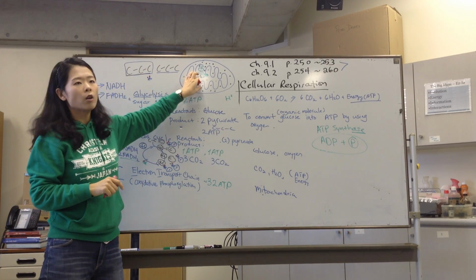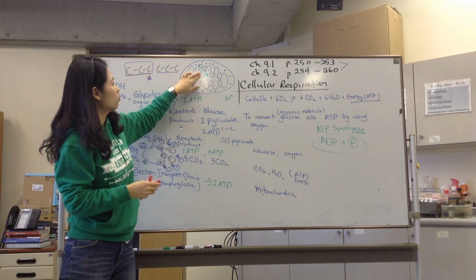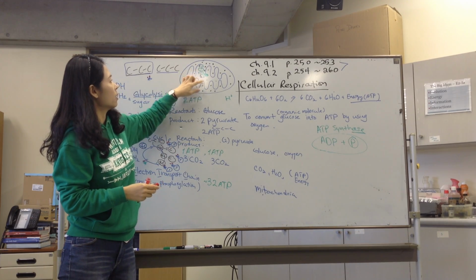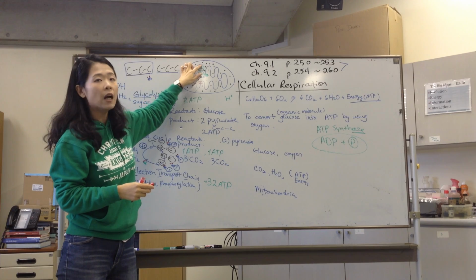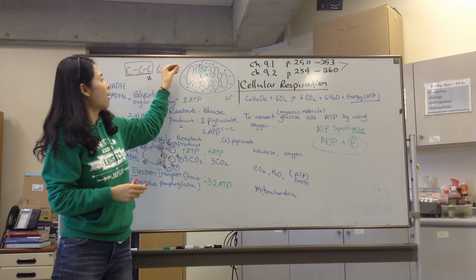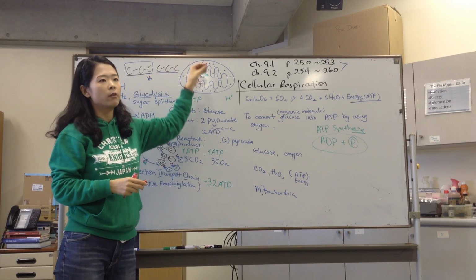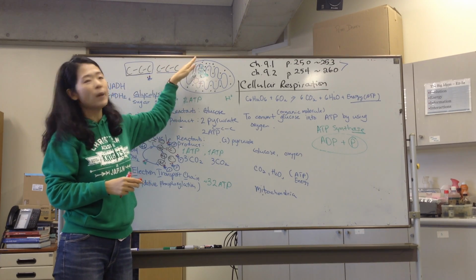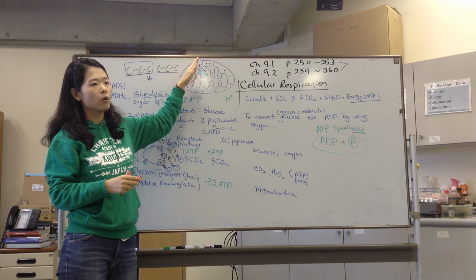If there were to be no oxygen here, then electrons will sit there. Electrons will sit here. Electrons will sit there. NADHs and FADHs will no longer have anywhere to drop off or deliver. Okay? It will back up this whole chain.